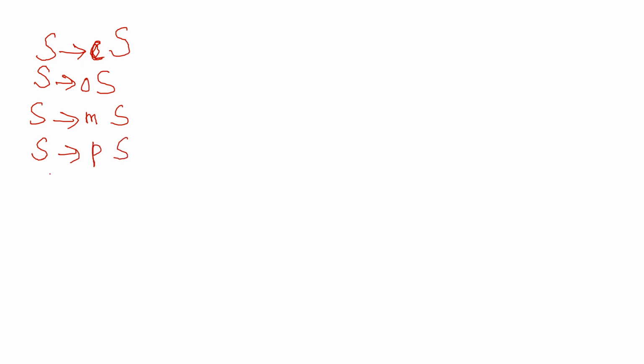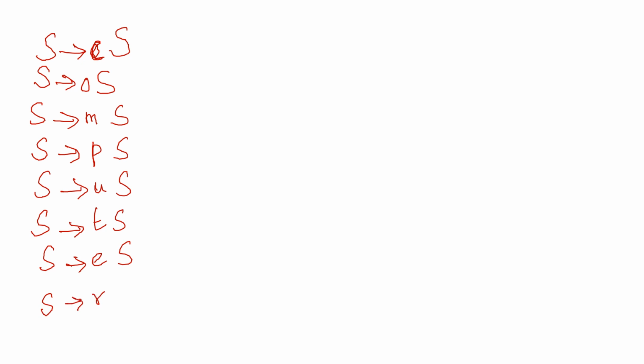Here, instead of S1, we can always use S. So S tends to O S, or C S, S tends to M S, S tends to P S, S tends to U S, S tends to T S, S tends to E S, S tends to R. That means we can generate any combination.